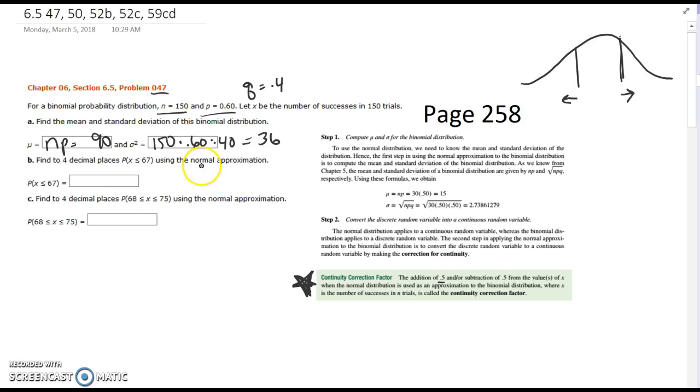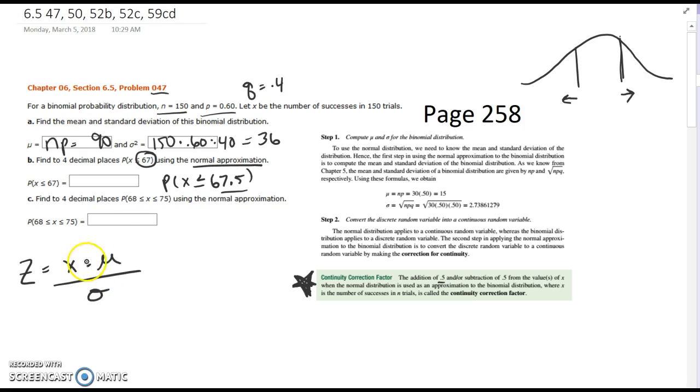So using the normal approximation, we're looking for the probability x is less than or equal to 67. So we're really looking for the probability that x is less than or equal to 67.5. So we have to add 0.5 since this is an upper bound. And if we convert to z, if you recall, x minus mu over sigma.